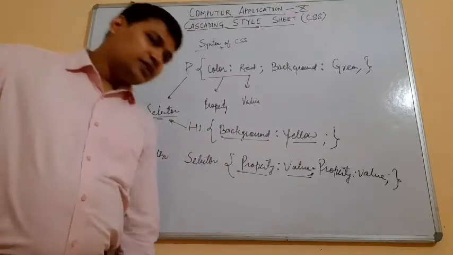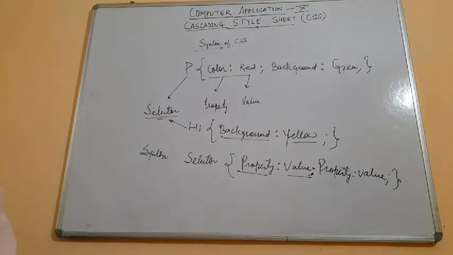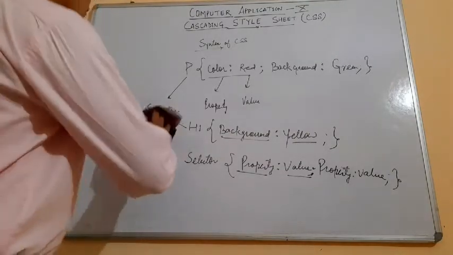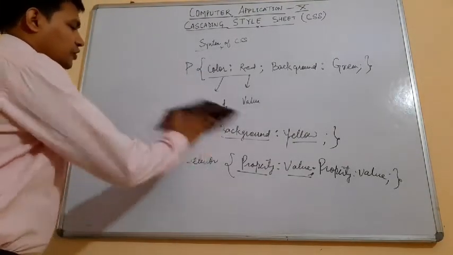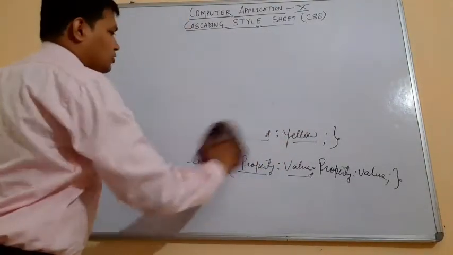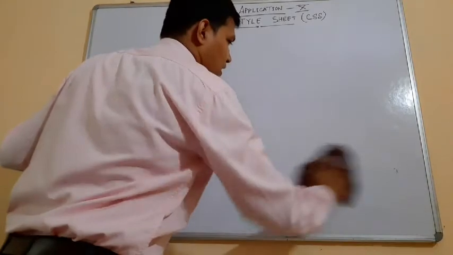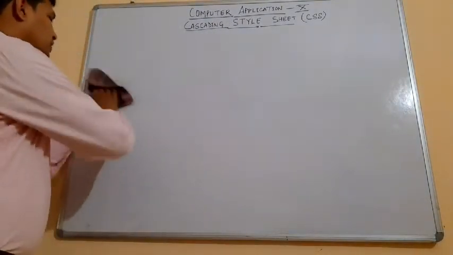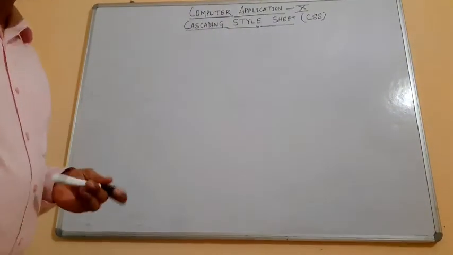Students, the next thing that I am going to discuss is the different ways of using CSS in your HTML document or HTML file. Actually, there are three different ways to use CSS.